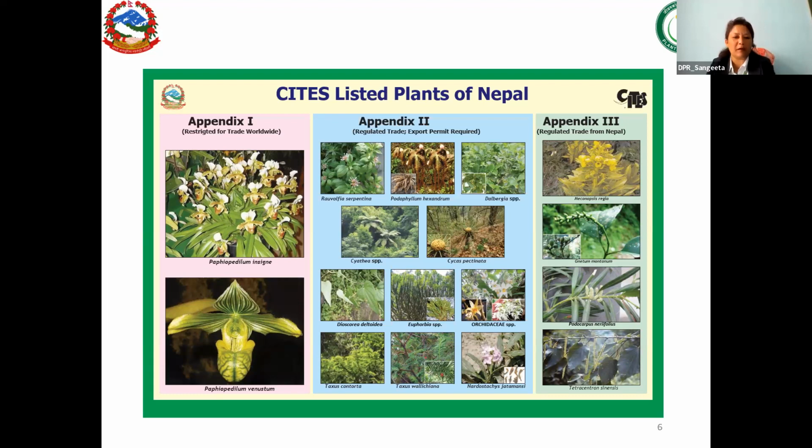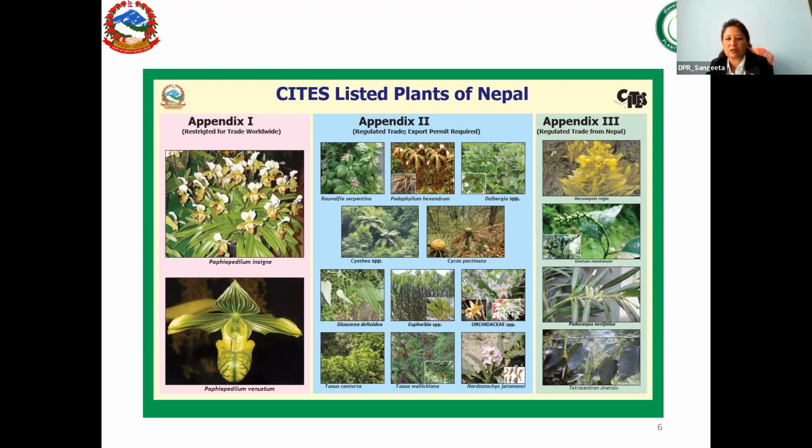In Appendix 2, there are some species and groups such as Rauwolfia serpentina, Podophyllum hexandrum, Dalbergia species, Cycas pectinata, Dioscorea deltoidea, Euphorbia species, the whole Orchidaceae family, Taxus species, and Nardostachys grandiflora, also known as Jatamasi.